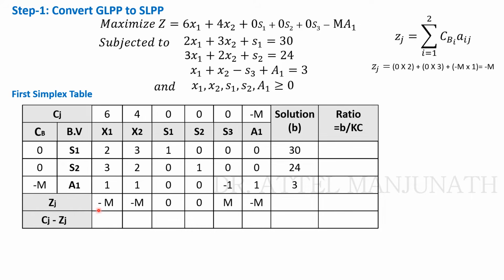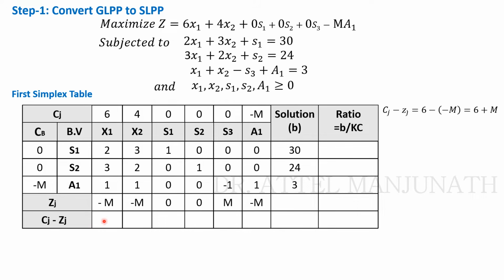Okay. Now after calculating zj values, now calculate cj minus zj. This is called the net evaluation row. So how to calculate this cj minus zj means, you have coefficients in the first row and zj values that you got here. So subtract these two, 6 minus M, 6 minus of minus M. Here this is a negative M, so it becomes plus, 6 plus M you will get, right? 6 plus M in this cell.